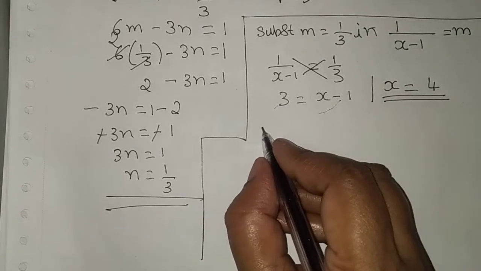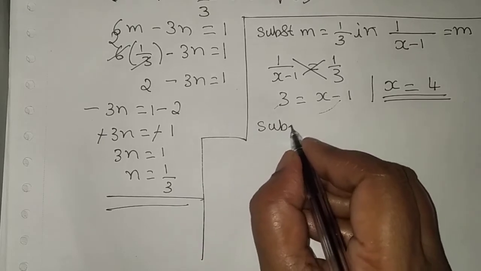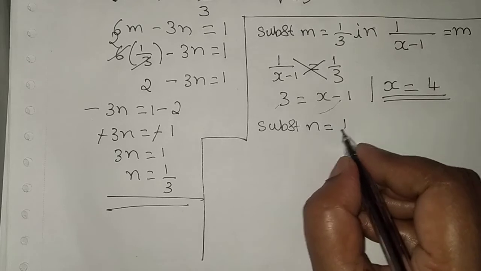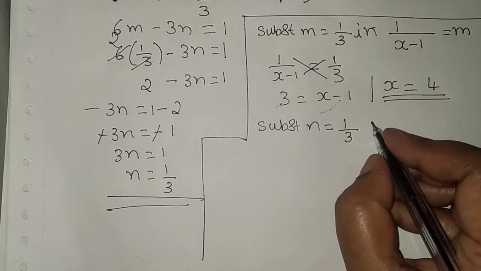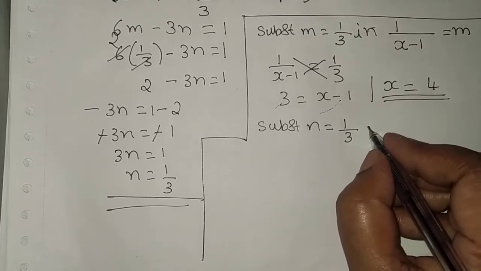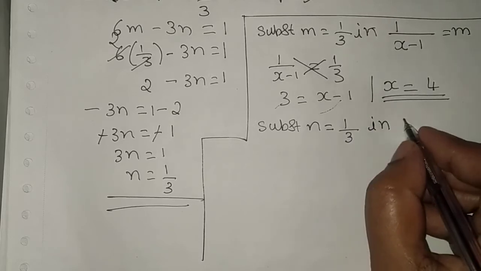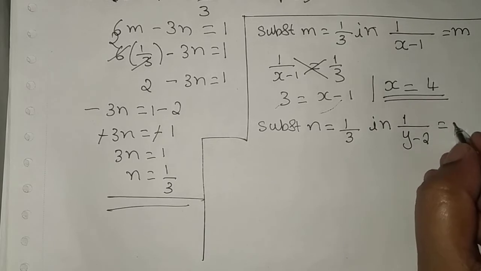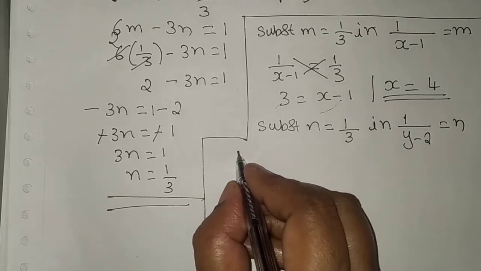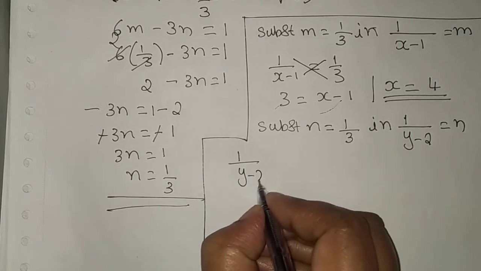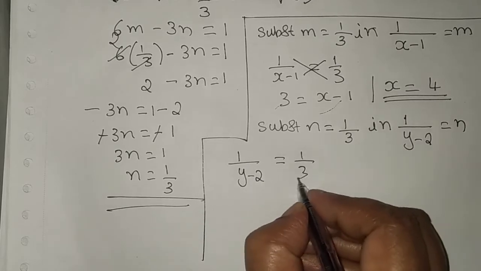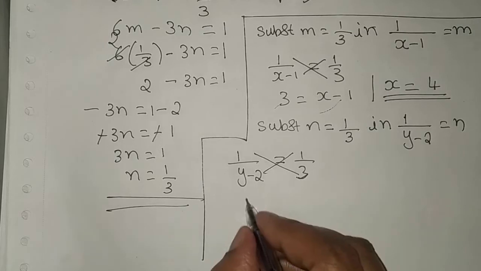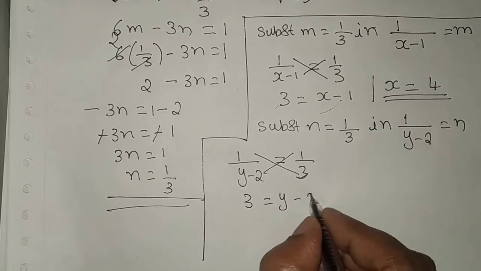So after this take y, substitute n is equal to how much? 1 by 3. Same thing, both we are getting 1 by 3. In y, what is the expression we have? 1 by y minus 2 is equal to n. Therefore 1 by y minus 2 is equal to 1 by 3. Cross multiply this. So we get 3 is equal to y minus 2.